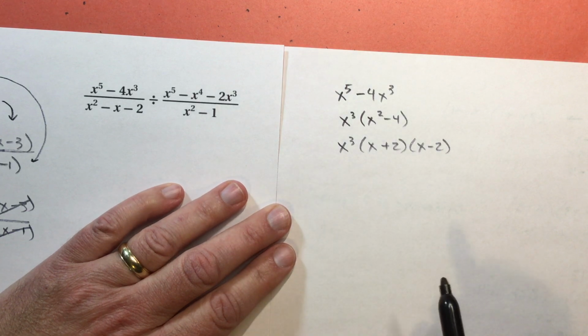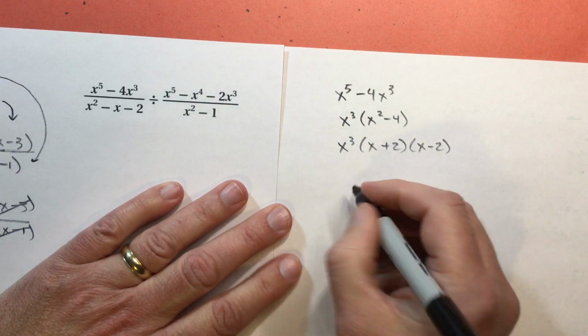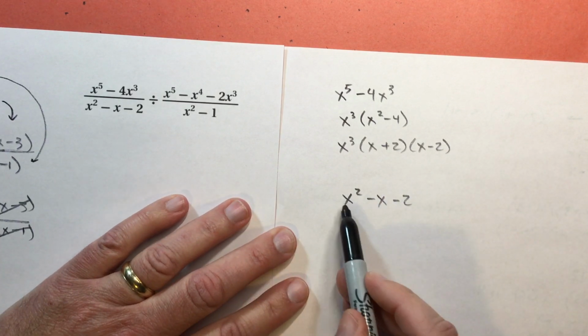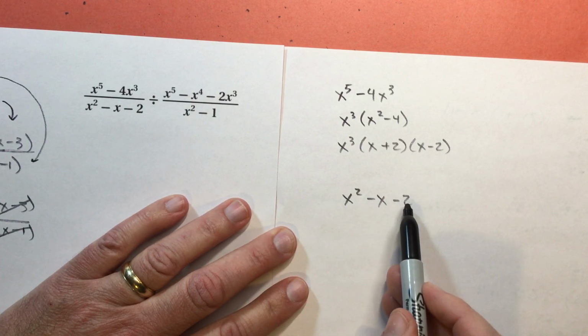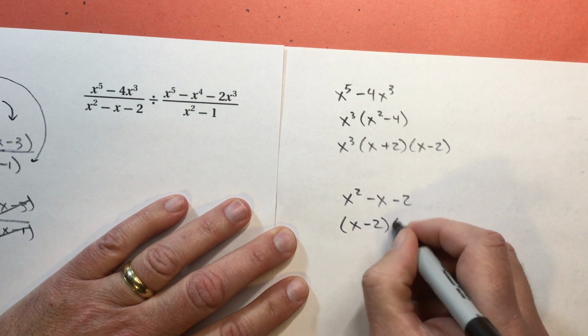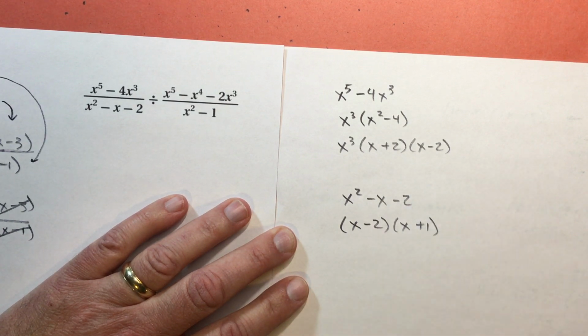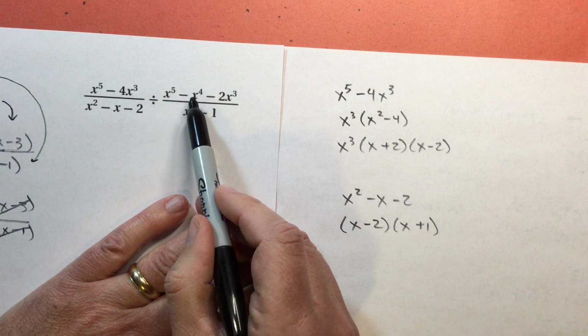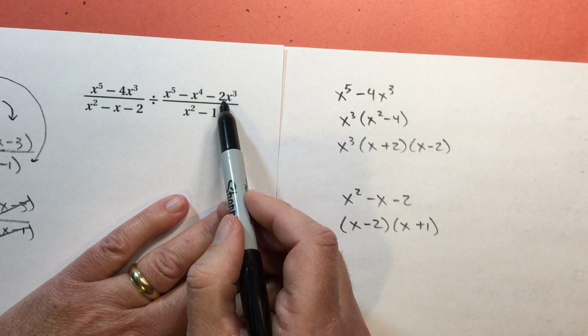Excuse me. X squared subtract x subtract 2. What two numbers multiply to give negative 2 but add to give negative 1? That's going to be x subtract 2 times x plus 1. All right. X to the 5th subtract x to the 4th subtract 2x cubed.